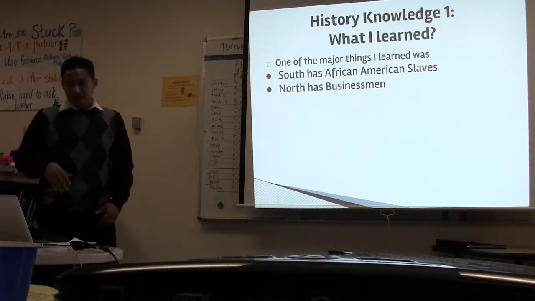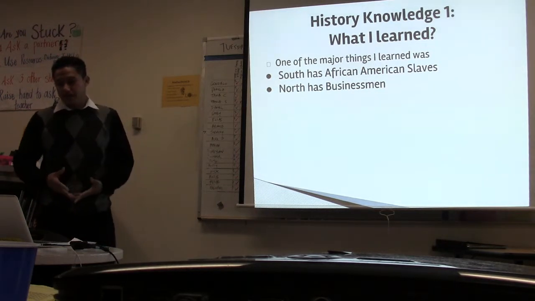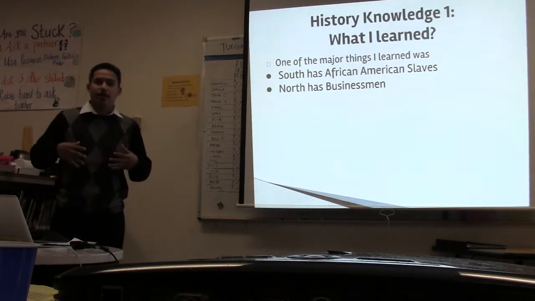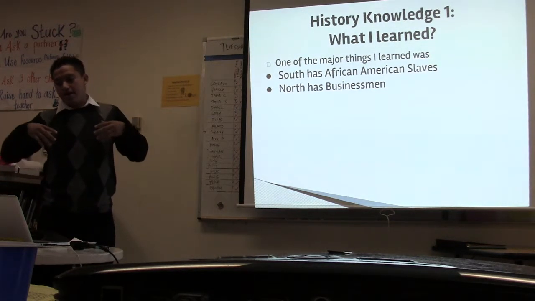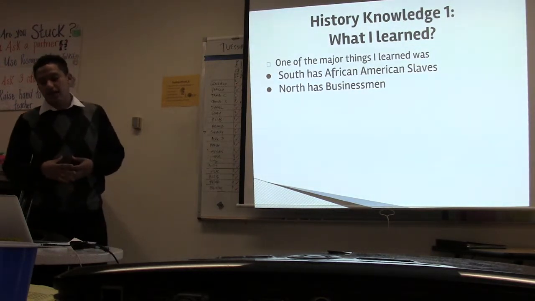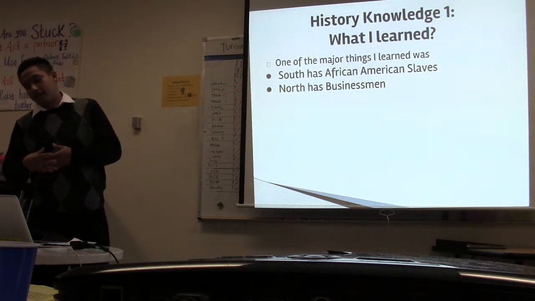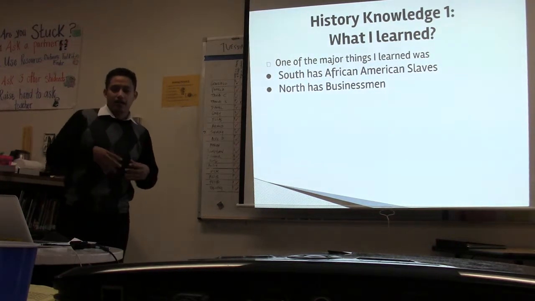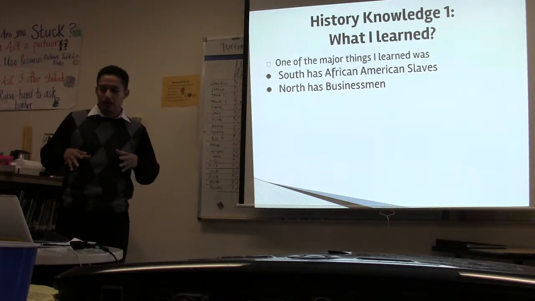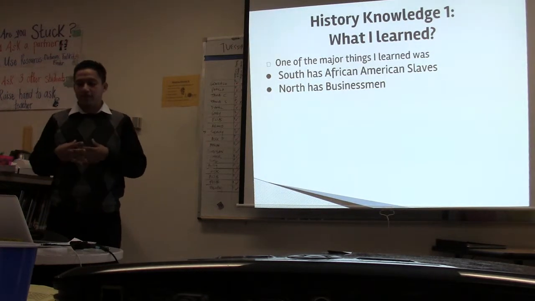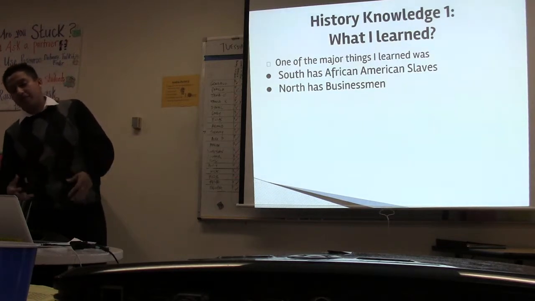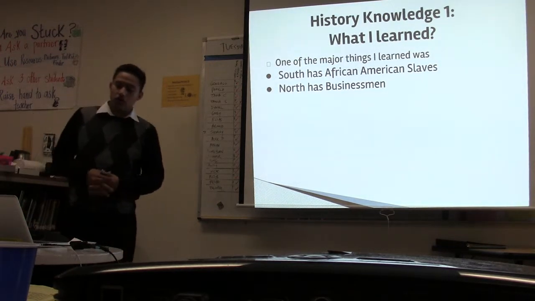One of the major things I read was that the South had African American slaves, and the North had businessmen. In the South, many people were slaves, black people, and they had no work.